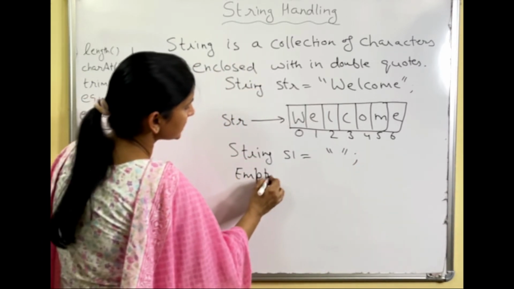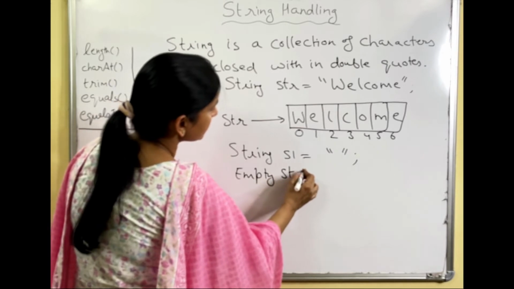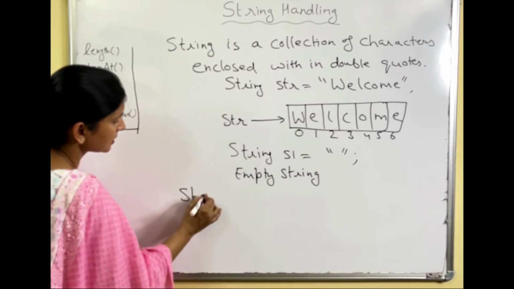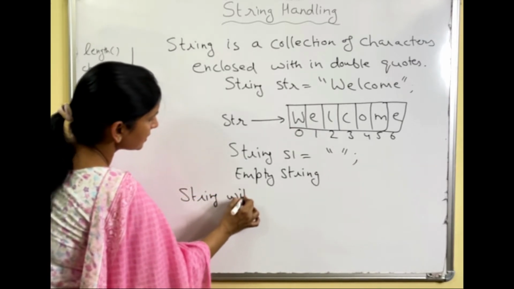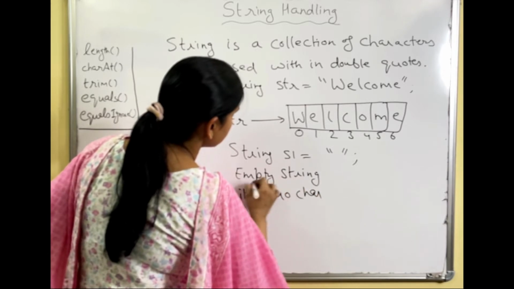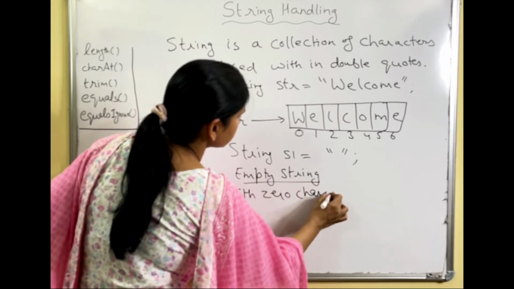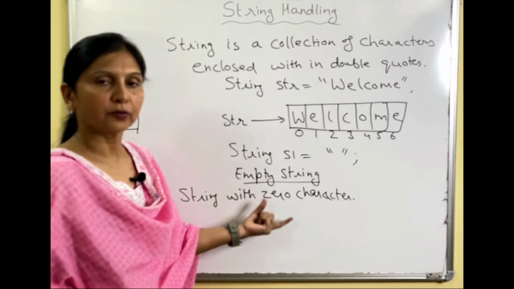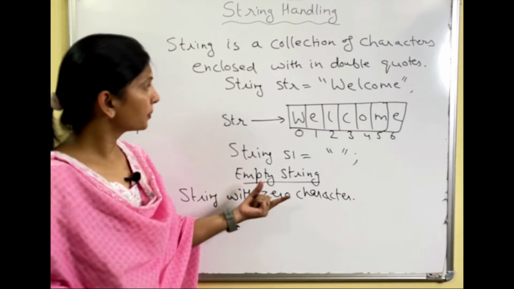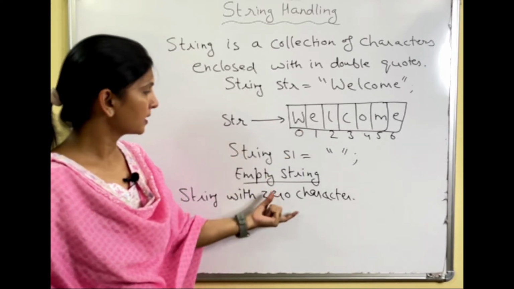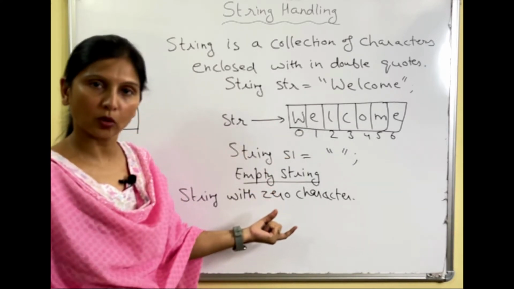So what is an empty string? An empty string is a string with 0 characters. And with an empty string we can perform all the string operations whatever we can do with a normal string, right?